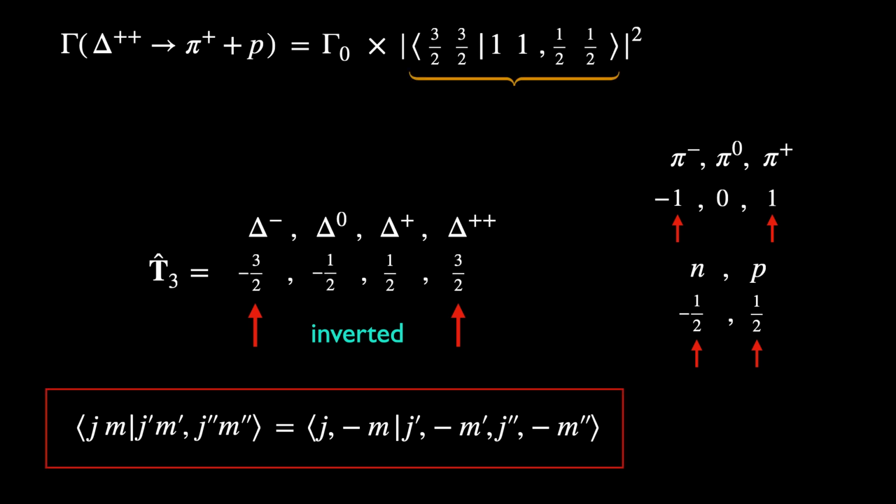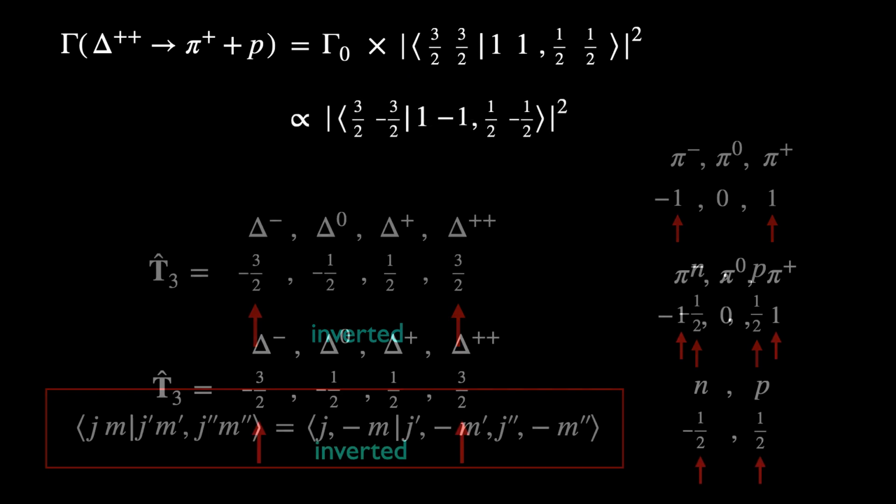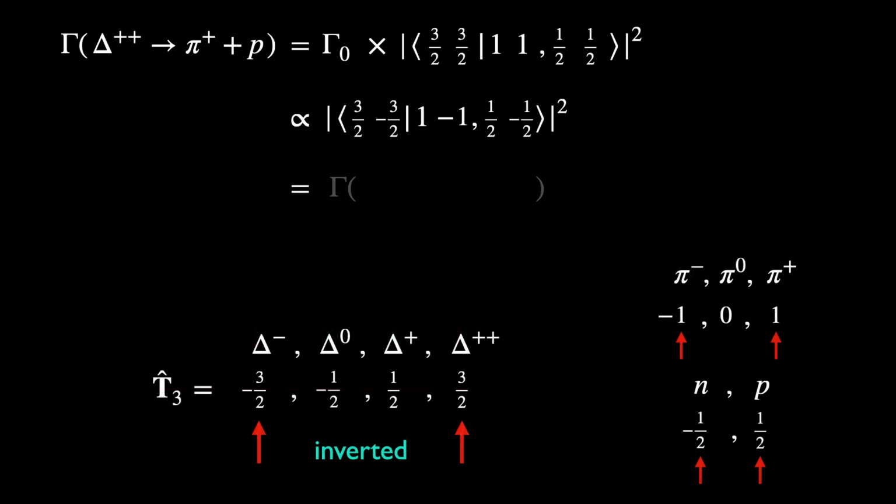So this amplitude is equal to, by the relation below, the amplitude of the inverted process. Thus the decay rate of delta plus plus into pi plus and a proton is equal to the rate of delta minus decaying into pi minus and a neutron. This is the consequence of the isospin symmetry of the strong interaction.